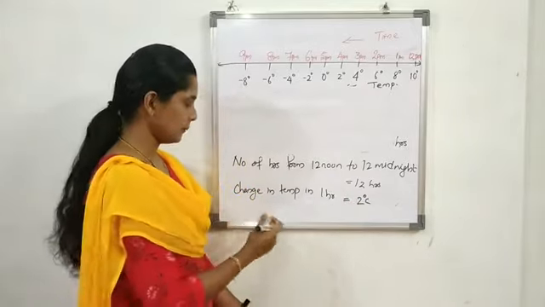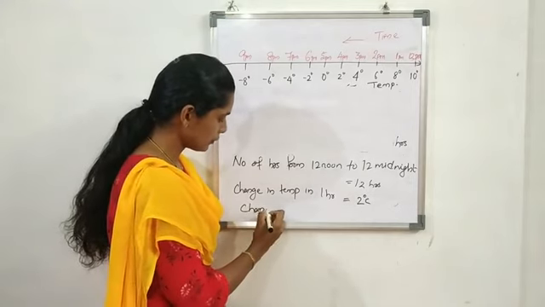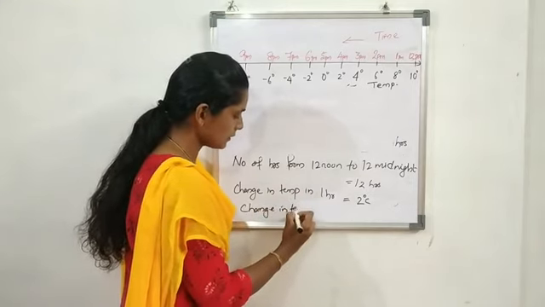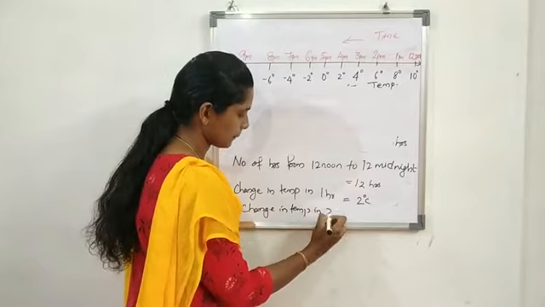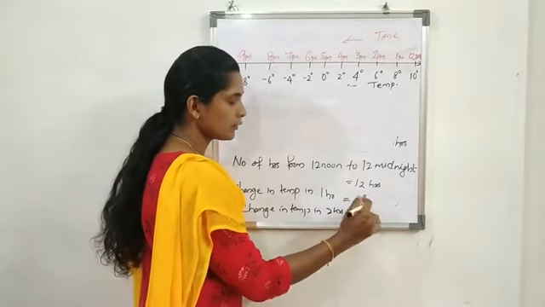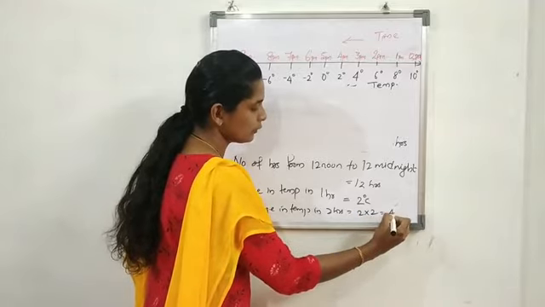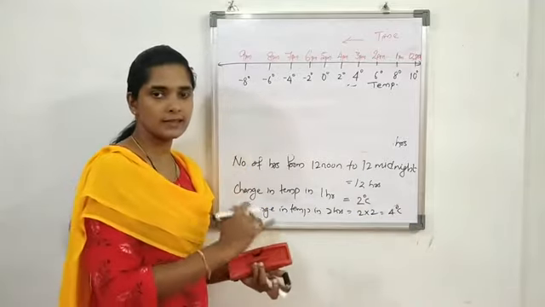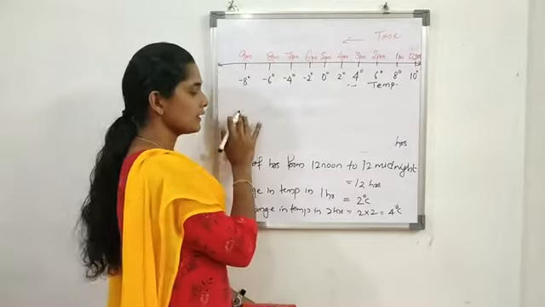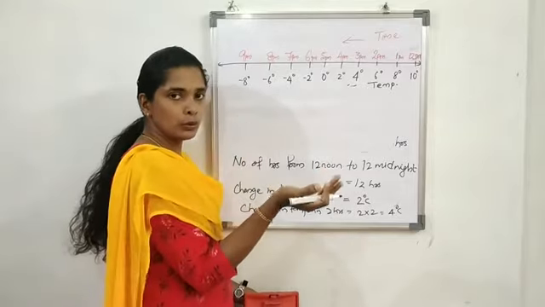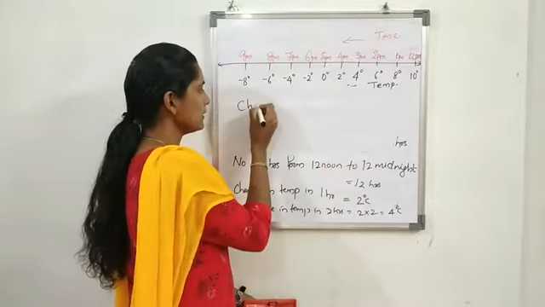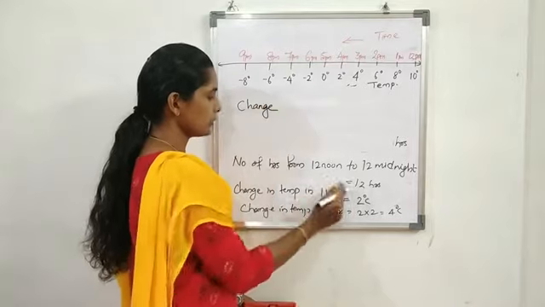It is decreasing. Then the change in temperature in 2 hours, that is 2 plus 2, 4. That is 2 into 2 is equal to 4 degrees Celsius, the change in temperature in 2 hours. Then the change in 3 hours is 3 into 2, 6. Therefore, total hours we know is 12.